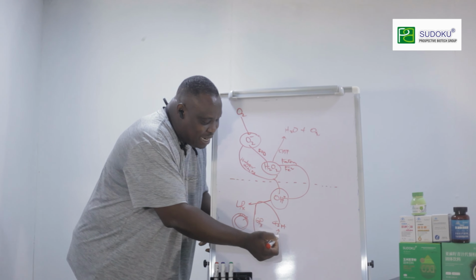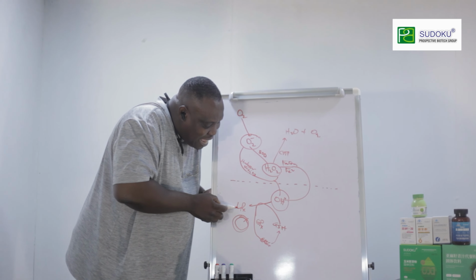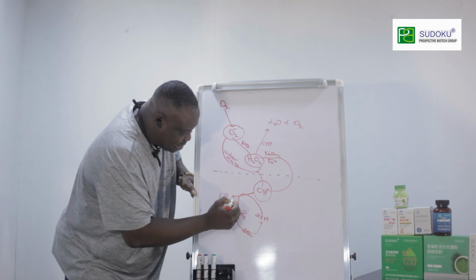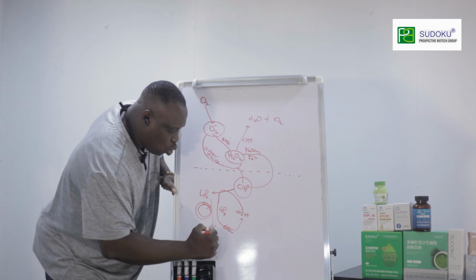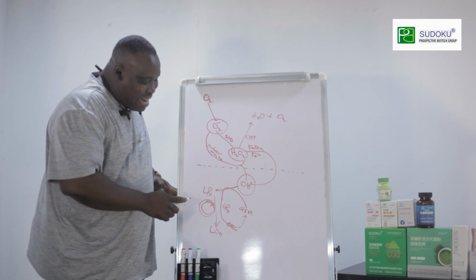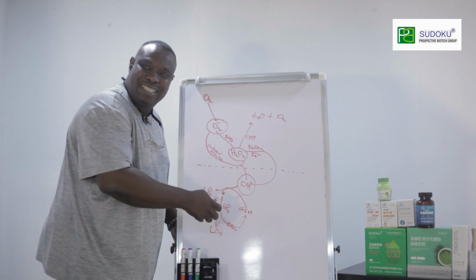So what is happening at this stage is essentially that these peroxidized lipids of the cell membrane are converted back to lipids, and the glutathione gets oxidized.